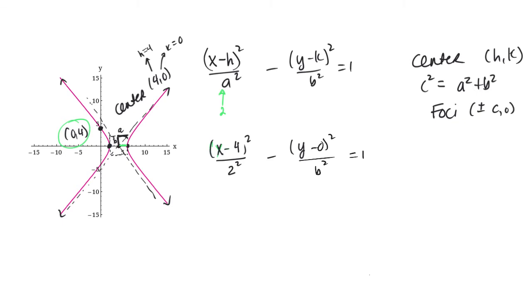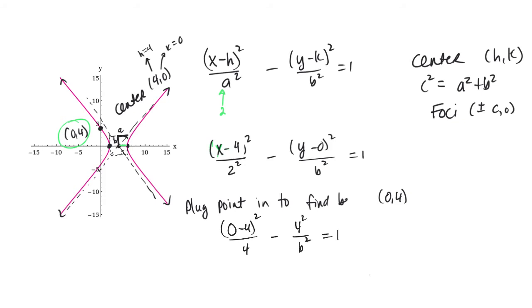Okay, so we're getting there, and now we'll plug our point in to find b. Okay, so we'll plug in 4, 0. Okay, so here we go. x is 0. That was 2 squared, so it's 4 in the denominator, and y is 4.